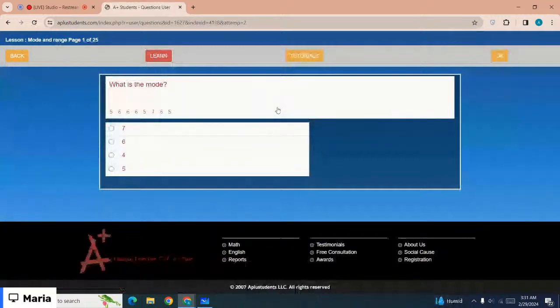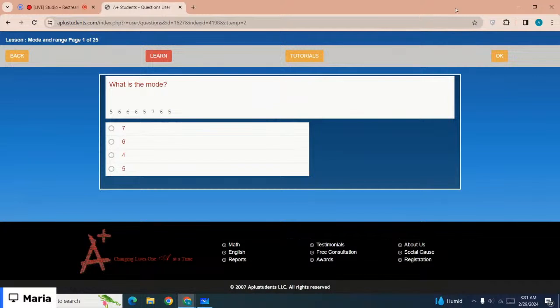What is the mod? So now we're going to learn what is the mod. Mod is the number that appears the most of the time in the given data. Just look at the data: 5, 6, 6, 6, 5, 7, 6, and 5.